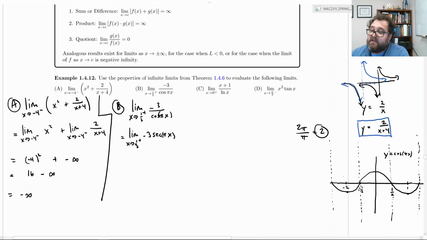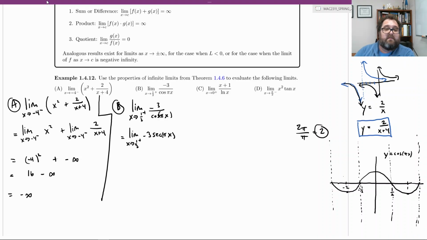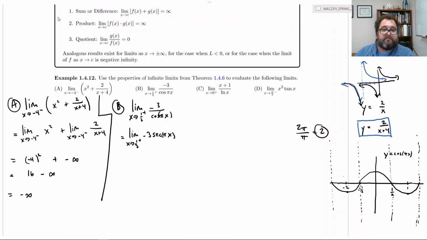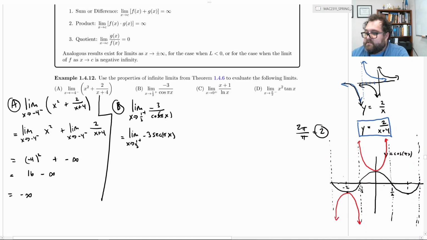And now the graph of secant basically takes all of the little peaks and valleys on cosine, and then you have these parabolic shapes, like this. So here, red is secant. You go between these vertical asymptotes like so. Okay, so that is the graph of y equals secant pi x.